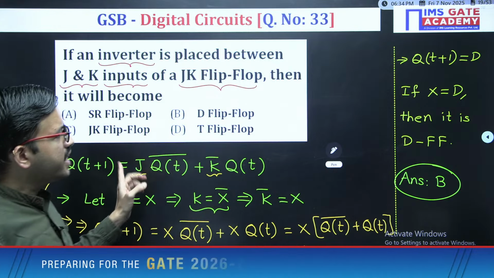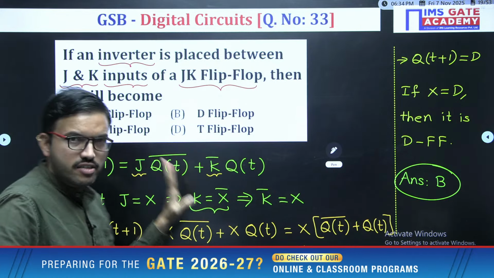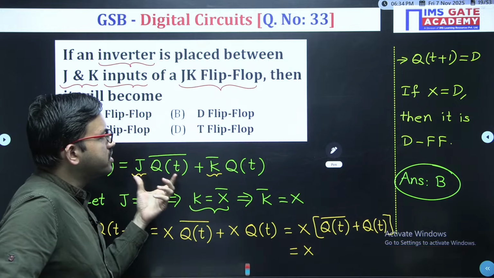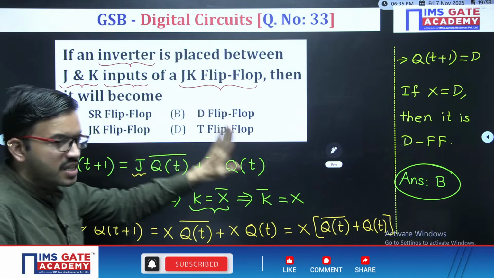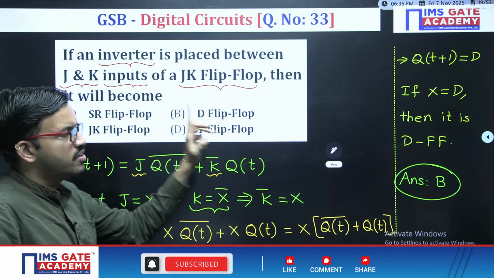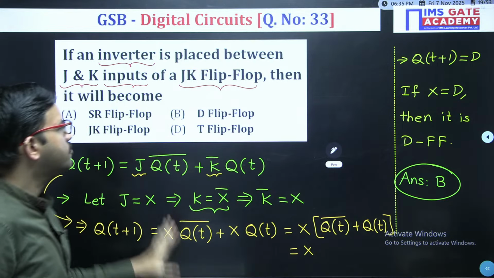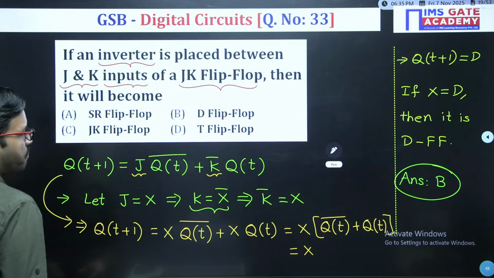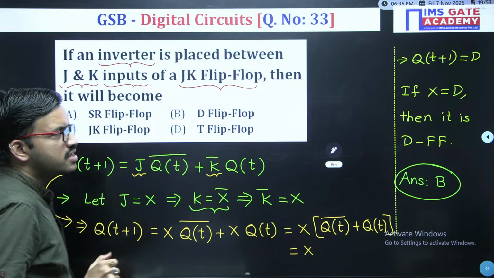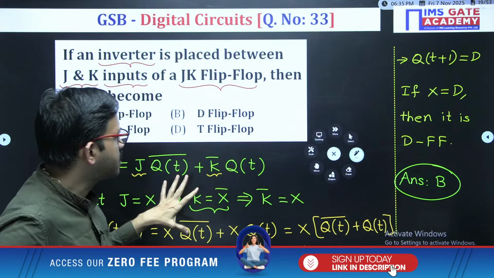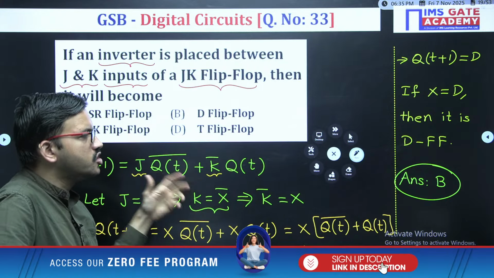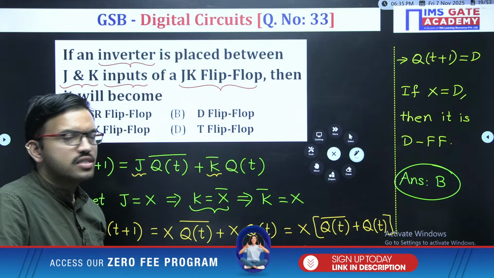Regarding the SR flip-flop and the JK flip-flop, if the respective two inputs are complements of each other, then the SR flip-flop will become a D flip-flop. Similarly, the JK flip-flop will become a D flip-flop. This is one of the important note points. Whoever already knows, that is good, but whoever doesn't know, at least with the help of this approach, you can solve this kind of question.